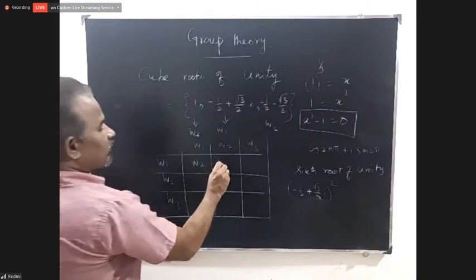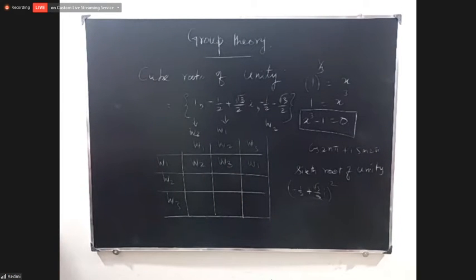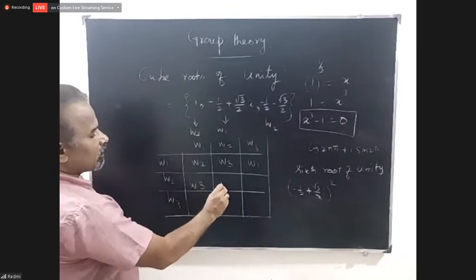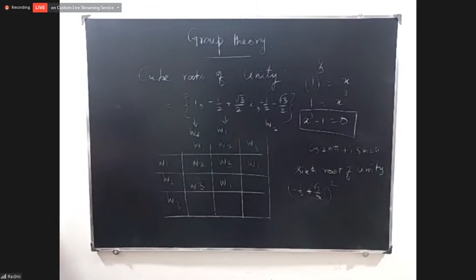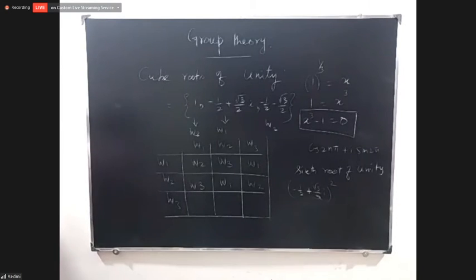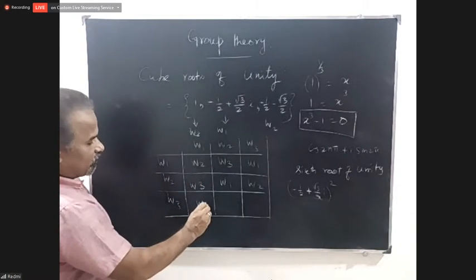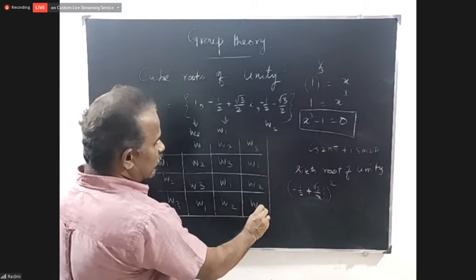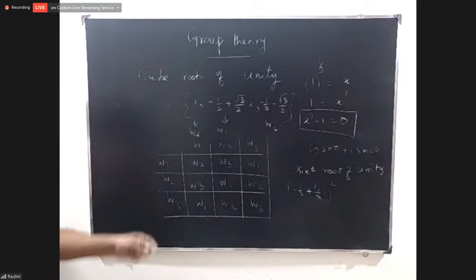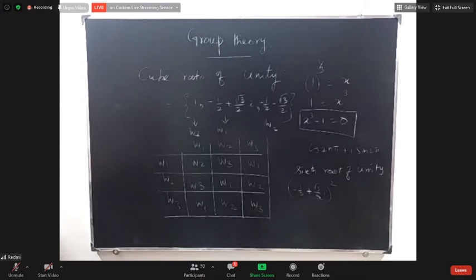Again W3, W1, W3, W1, W2. So therefore W3 is the identity element, therefore W1, W2, W3. If you multiply it, you will be getting it. So this is the multiplication table for this group.